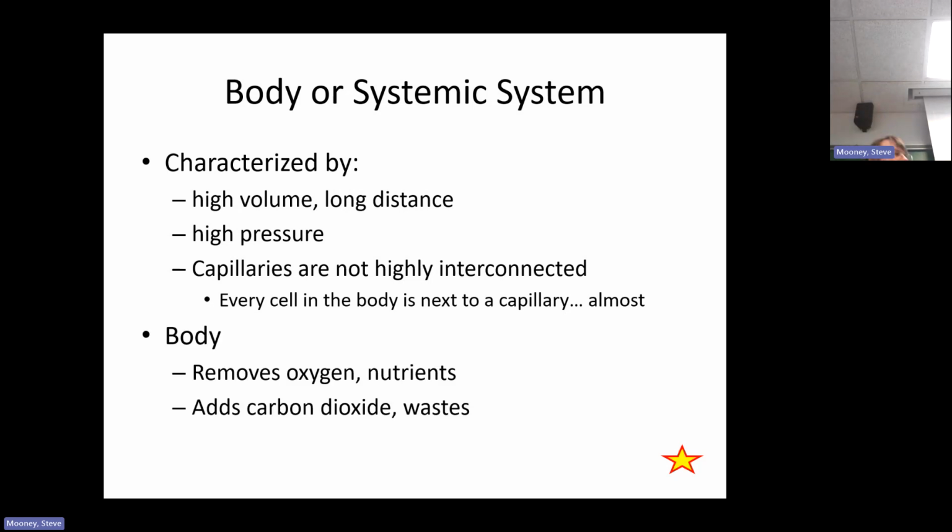So the body is going to take out that oxygen to use. It's going to take out nutrients to use. And then as its waste products, it's going to put carbon dioxide back into that capillary bed. It's going to dump its waste in there to be taken away and be processed wherever seems most appropriate.